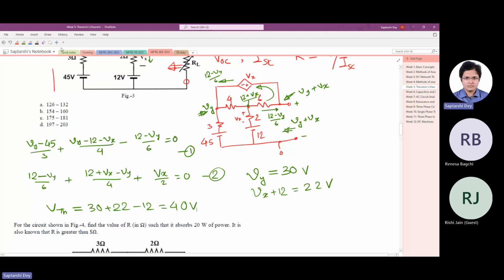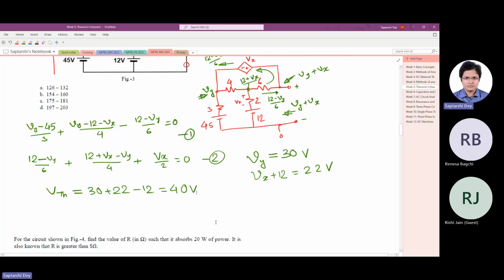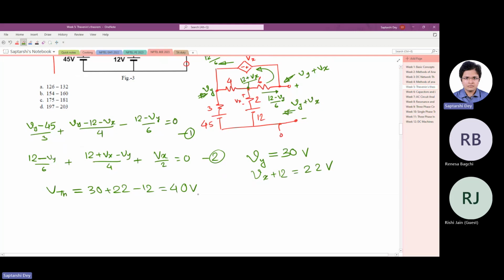Are you solving this? Then I will wait for some time. Yes, sir, I'm solving it. Keep solving the equation till then. I will just draw the short circuit current circuit.